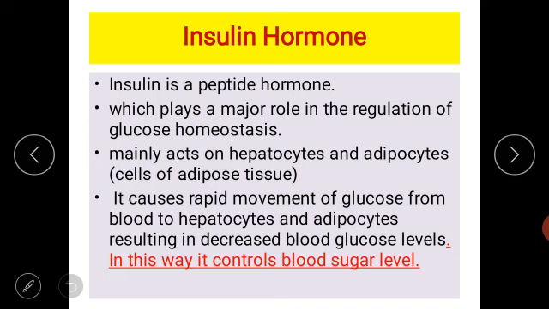How? It stimulates the movement of free glucose from the blood to the liver cells as glycogen storage, and into the adipocytes as fat storage. In this way, it controls the high blood sugar level.